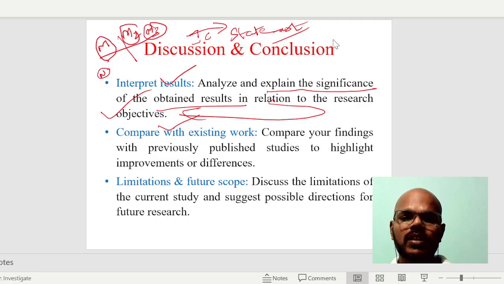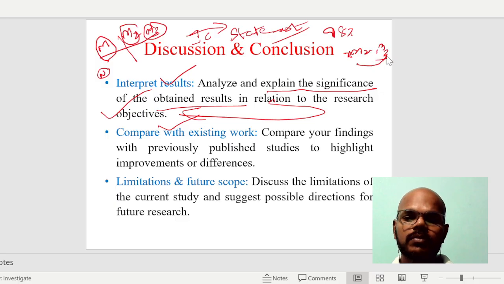For example, if your model gets 98%, what about these models? You have to compare with respect to the M2 and M3 models, which are state of the art.